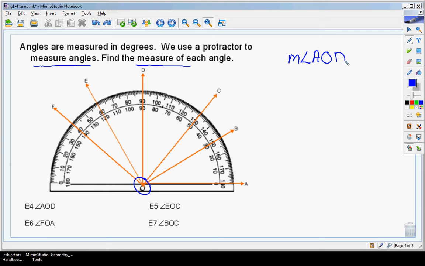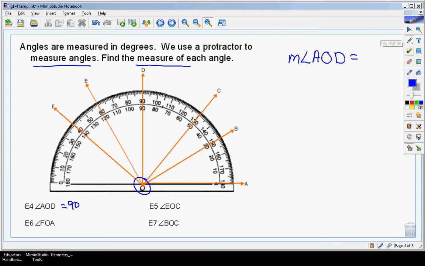Here, if they put a little m in front of it, they're saying what is the measure of that angle. AOD is pretty simple, because if I look at where it is, both of the numbers are the same. How big is angle AOD? 90 degrees. That's pretty simple.